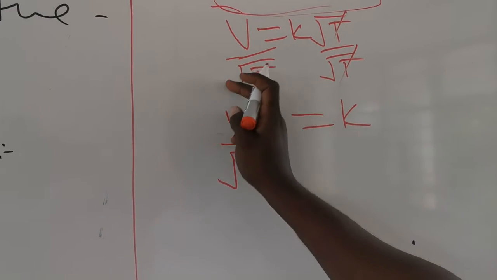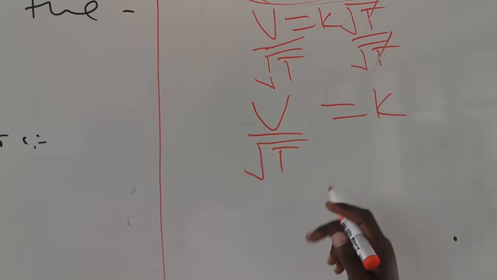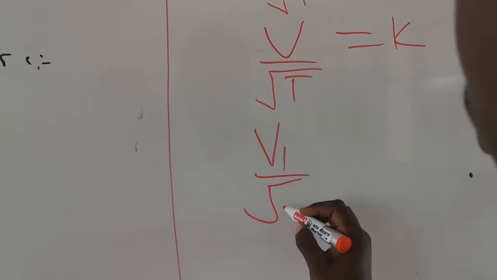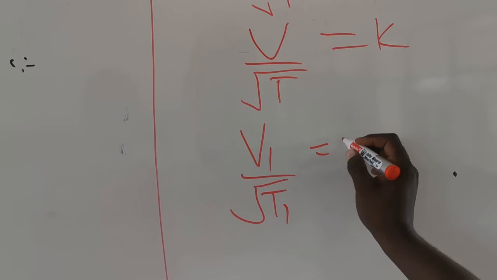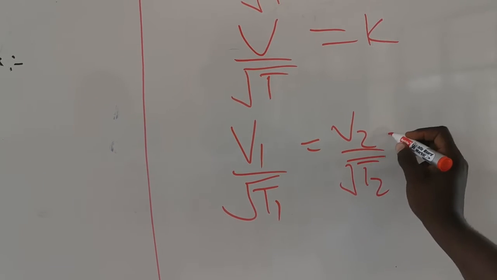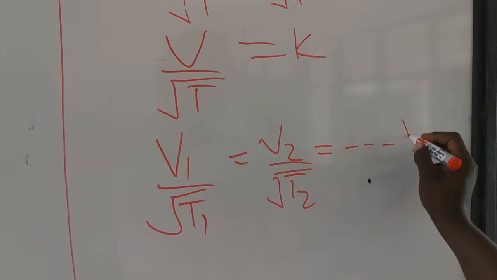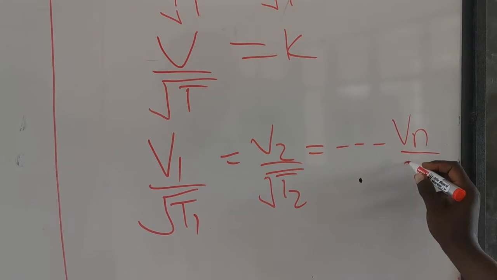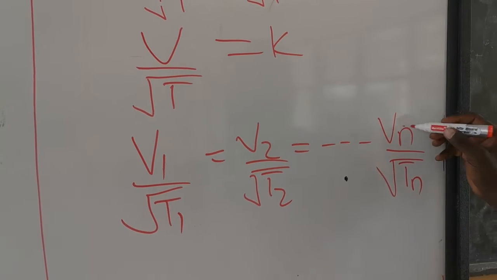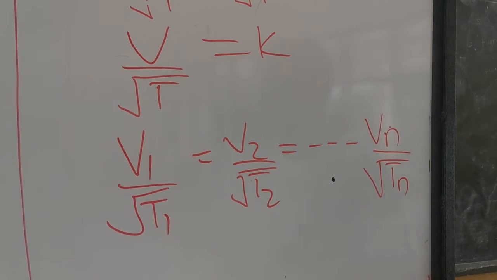So for various values of velocity and absolute temperature, we get that V1 over under root of absolute temperature 1 equal to V2 over under root of absolute temperature 2 equal to Vn over under root of absolute temperature n. N it means the nth term or last term.